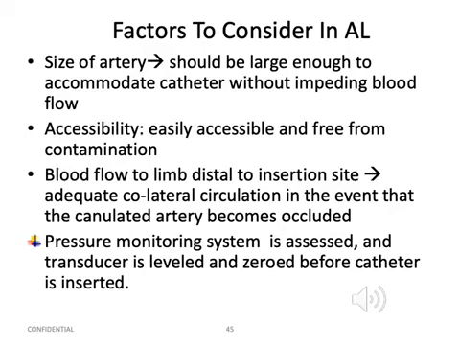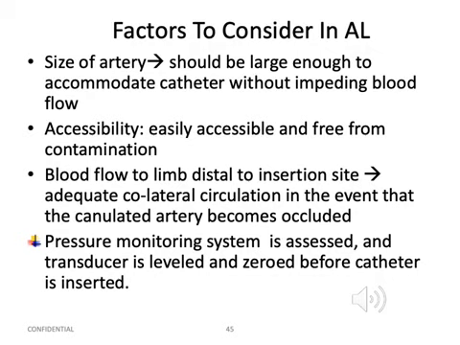We also always choose a site with blood flow to the limb distal to the insertion site, with adequate collateral circulation. For radial, for example, we have the ulnar as an alternative circulation, so if occlusion happens in the radial, at least we make sure the ulnar could serve as a collateral circulation.